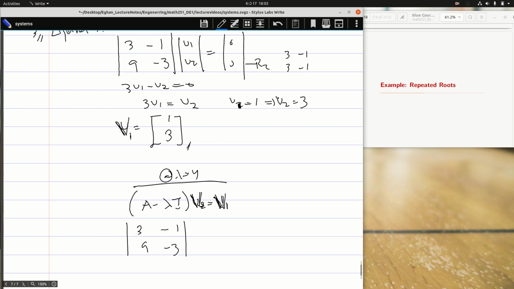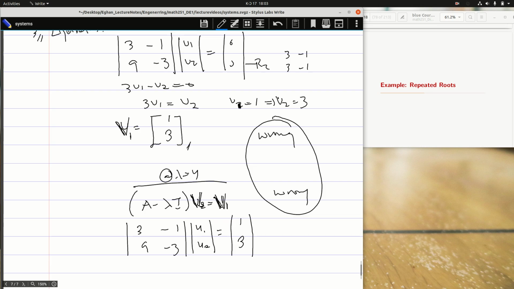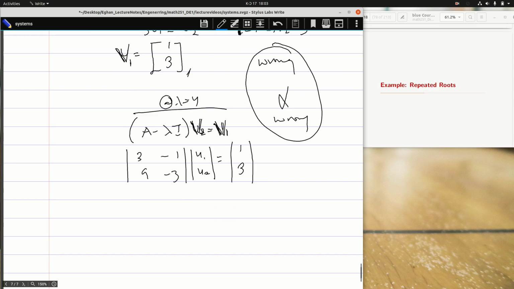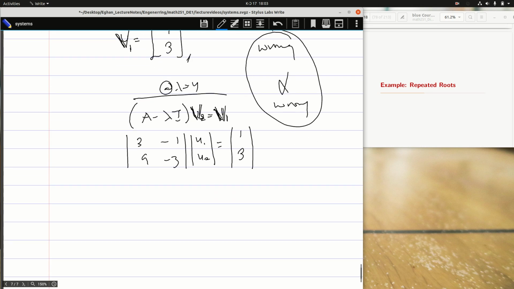Let me use u1, u2 to replace v2. It's equal to 1, 3. This is to tell you that if your V1 is wrong, you are going to get V2 to be also wrong, and you want to avoid this scenario. Now let's see. If I pick the first part of the equation, I'm going to get 3u1 minus u2 is equal to 1.